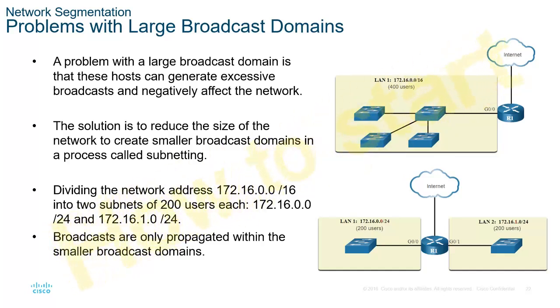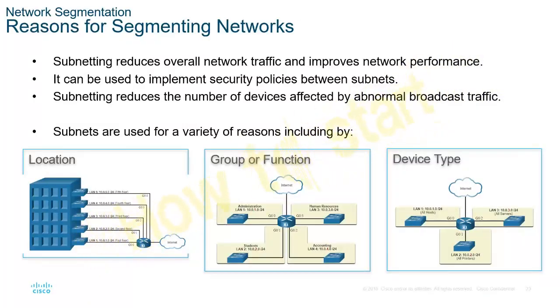The above photo shows 400 users on one network, and the diagram underneath it shows 2 networks, each with 200 users. The 200 users will not affect one another because broadcasts do not cross that layer 3 boundary. This is a way to segment the network. This is physical segmentation.